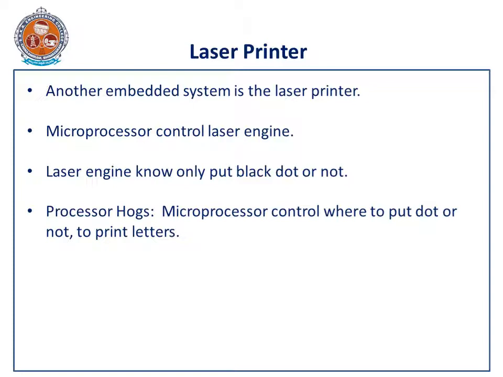Here the laser engine knows only that it can put a black or white dot, and the microprocessor controls where to put a dot and where not to put a dot. Thus by this mechanism it can print the letters.